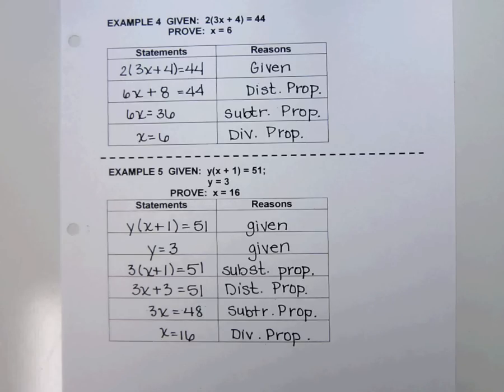And then you might want to think, how do I move the 8 to the other side? Because it's plus 8, you have to subtract it. After you subtract 8 from both sides of the equation, you get 6x equals 36, because 44 minus 8 is 36. That's the subtraction property. And anytime you're left with a number times x, to get rid of it, you divide. So you divide both sides by 6. That's the division property, so x equals 6.